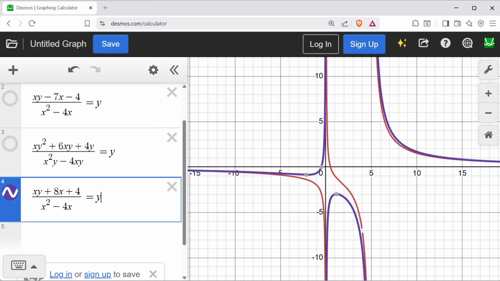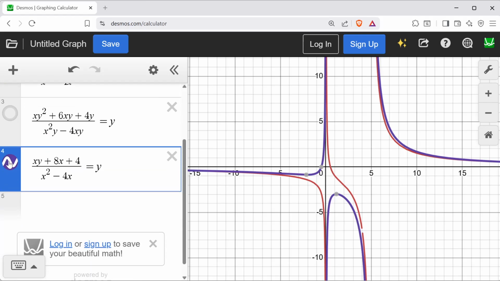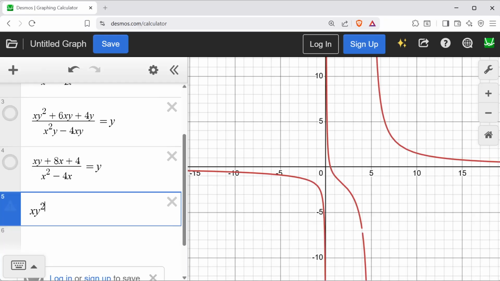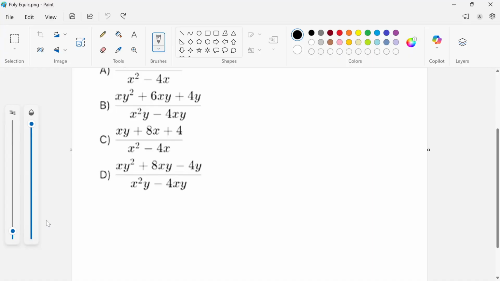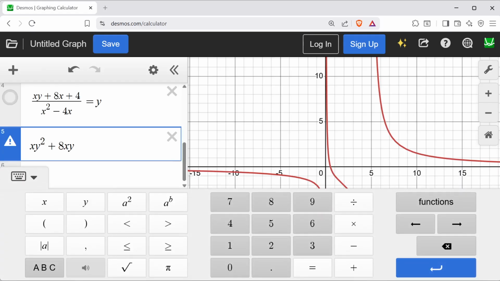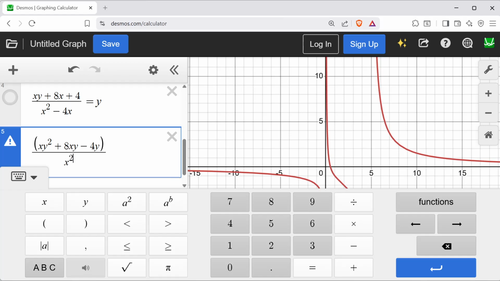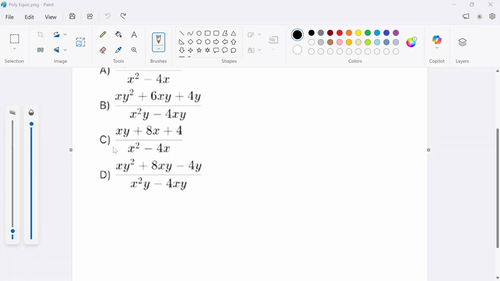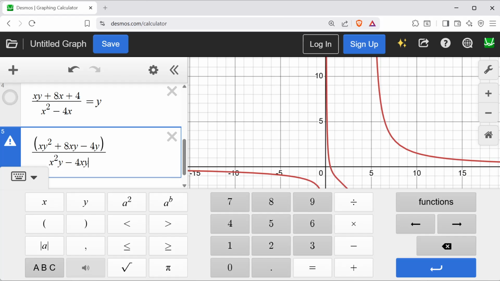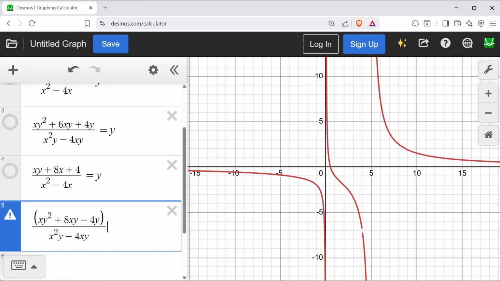And notice that's not the same equation. And now I'll do the last one, xy squared plus 8xy minus 4y divided by x squared y minus 4xy, and then equals y.